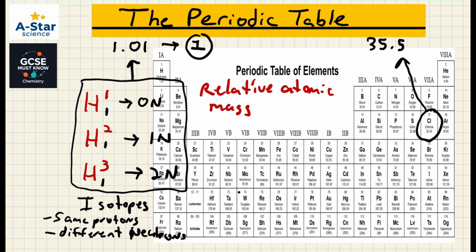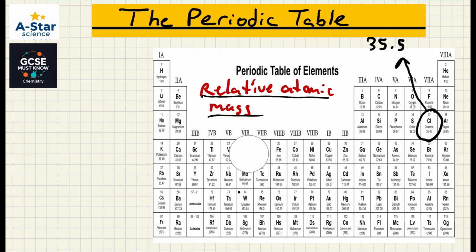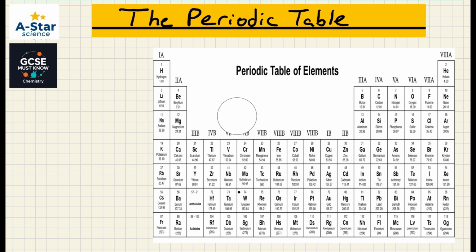So we need to understand that the term relative atomic mass comes from the fact that these atoms on the periodic table can have different isotopes, and the mass is an average of the occurrence of those different isotopes in nature. It's something that you will have to also calculate, and you can look at my video on calculating relative atomic mass in the future.